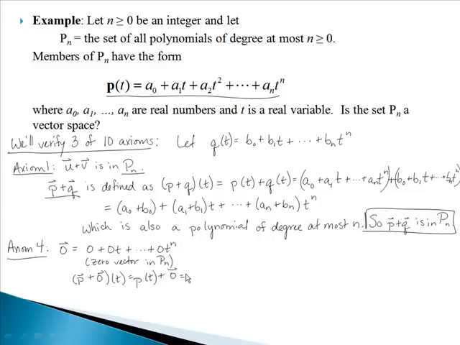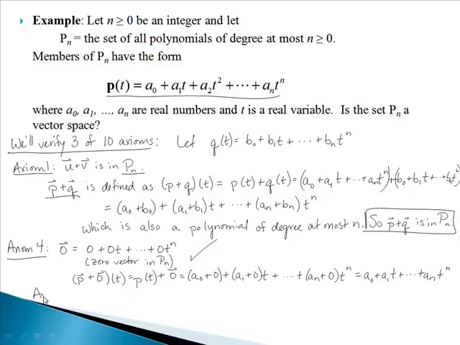So that is going to be A sub 0 plus 0, plus A sub 1 plus 0 times T, plus all the way up to A sub n plus 0 times T to the n. And that is simply equal to A sub 0 plus A sub 1 t all the way up to A sub n T to the n, which was P. So we've shown that this axiom holds.